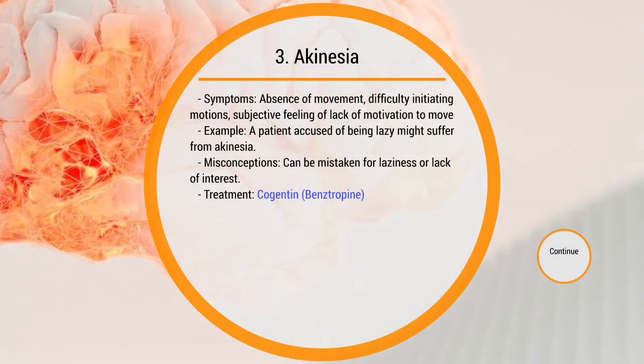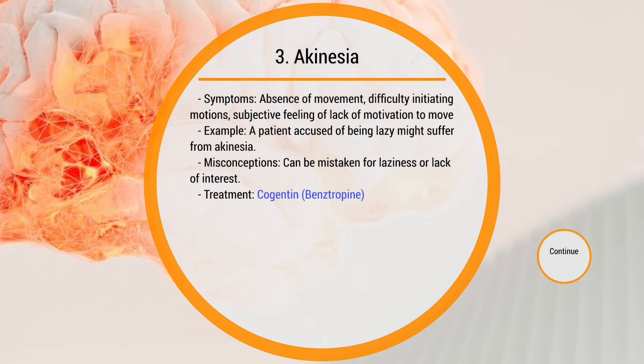So it's the absence of movement, difficulty initiating motions, a subjective feeling of lack of motivation to move. For example, a patient accused of being lazy might suffer from akinesia, right? The person just can't move.